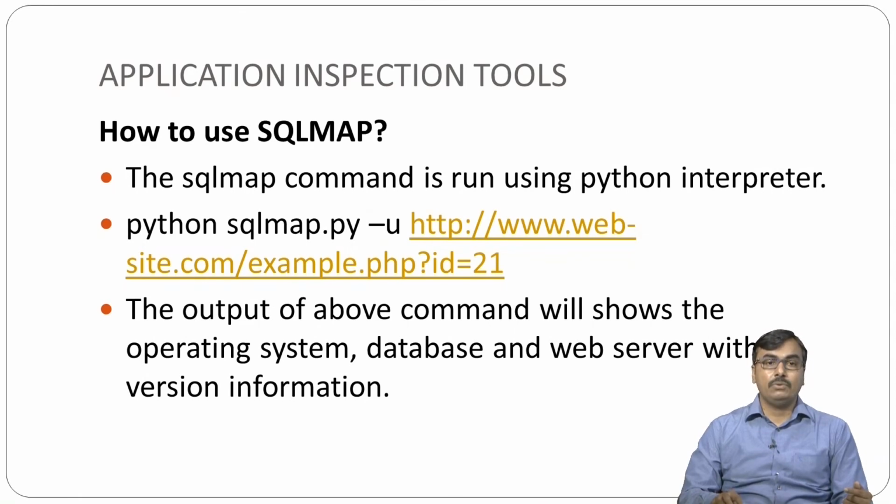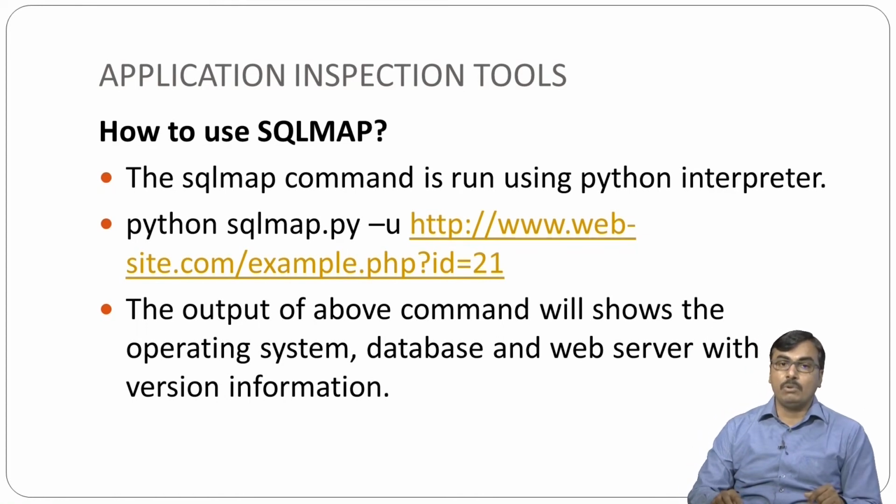So, I have to enter this command into my terminal, that is python sqlmap.py -u, then my vulnerable URL. -u means you are going to provide the URL. The output of the above command will show the operating system, database and web server with version information.